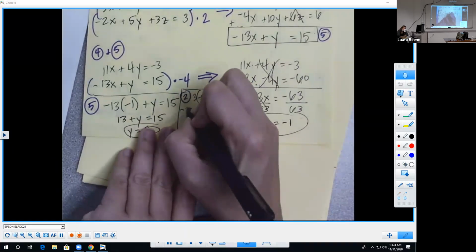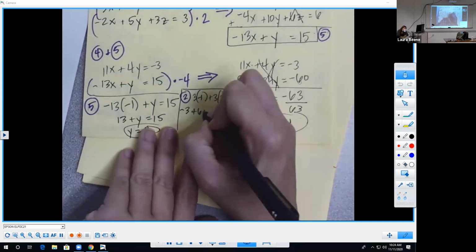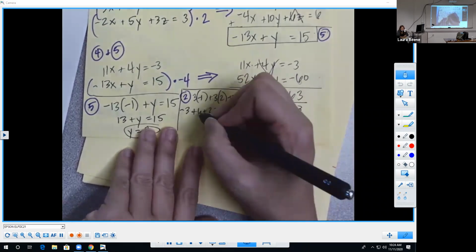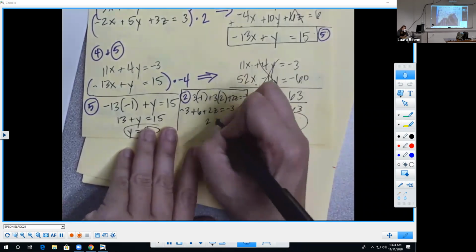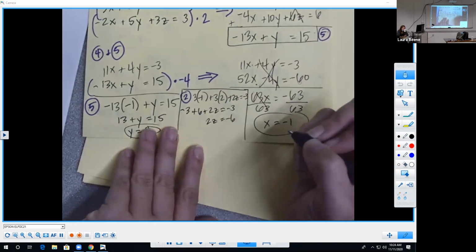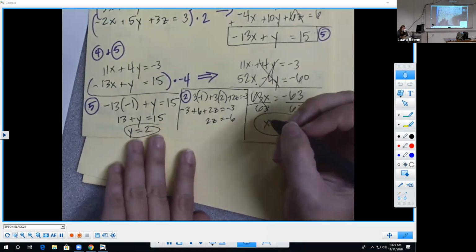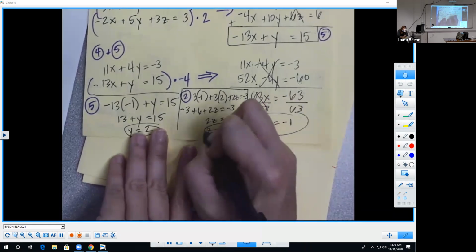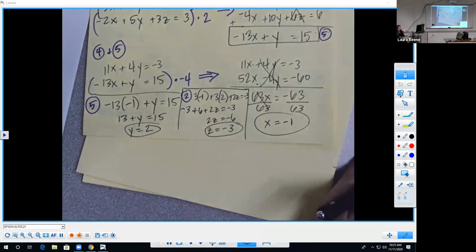So that's -3 plus 6 plus 2z equals -3. -3 and 6 is 3. When I subtract it, I get 2z equals -6. Divide by 2, and I get z equals -3.